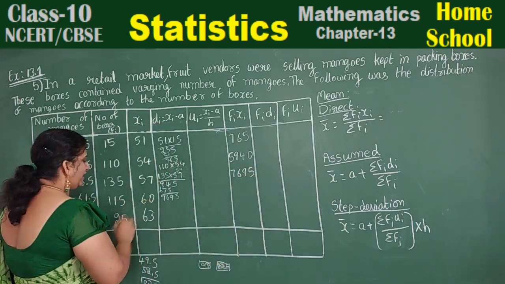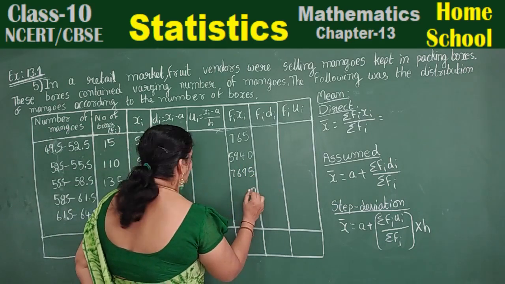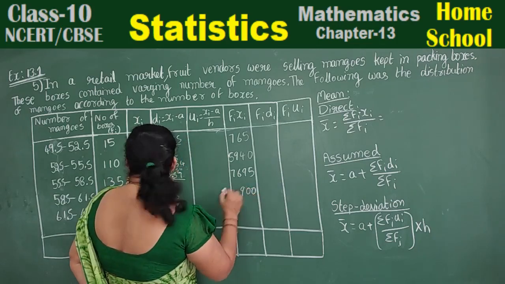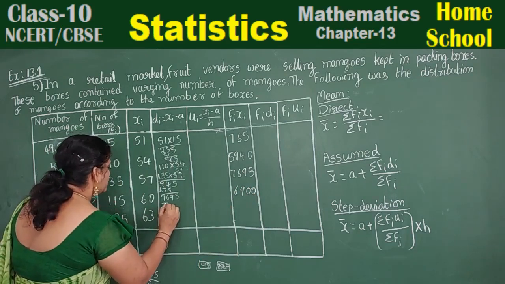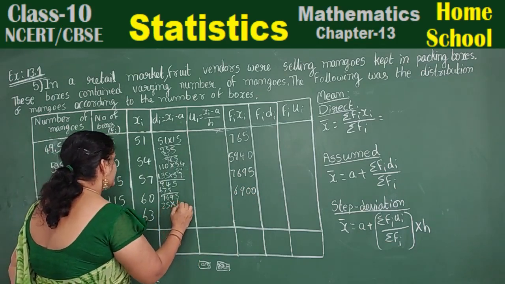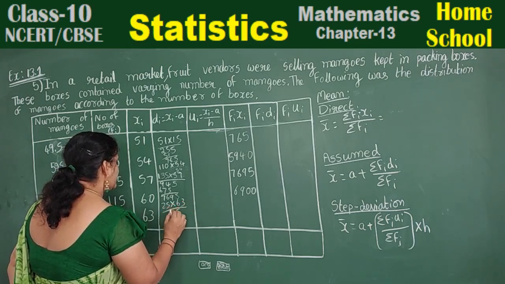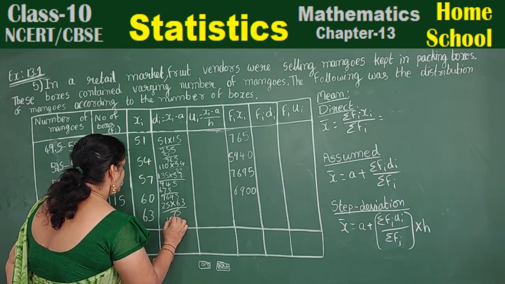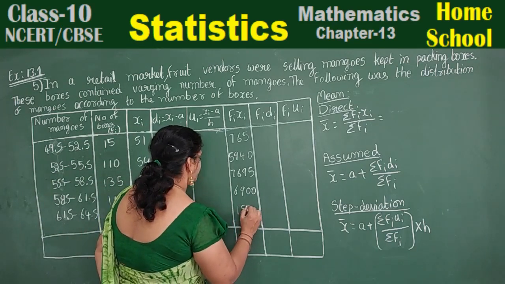Next, 115 into 60. Directly we can write 6 fives are 30, 6 ones are 6, so 6,900. Next one, 25 into 63. 5 threes are 15, so 1575.